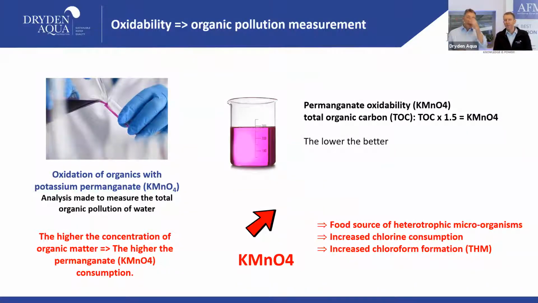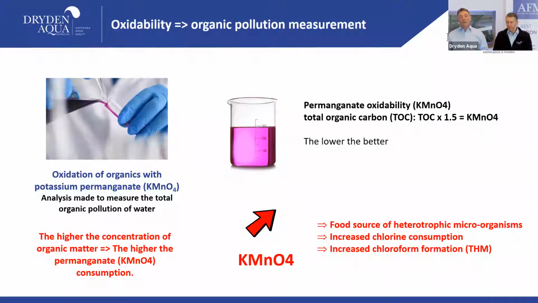You take your water sample, put in some color, and then you add K-4 until it changes the color. The more consumption of this very strong oxidant, potassium permanganate, the bigger is the organic load.